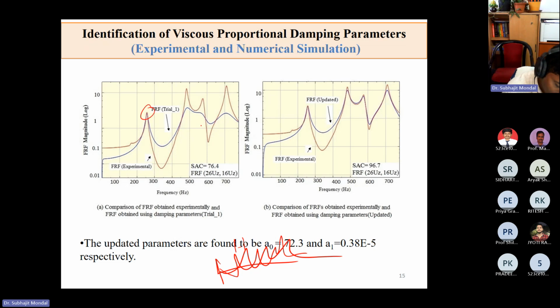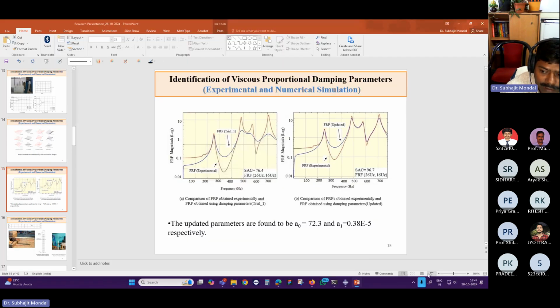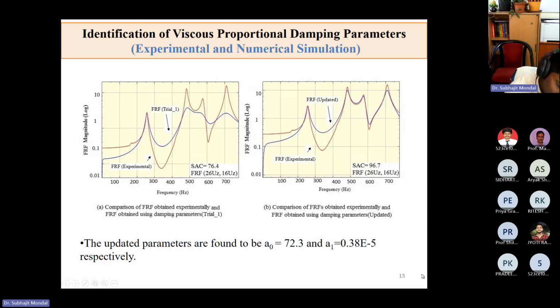So in our experimental case and numerical case, you will observe that we are getting the experimental frequency like this, and this one may be your numerical frequency. Numerical frequency means what you get through some numerical analysis in MATLAB or some software.